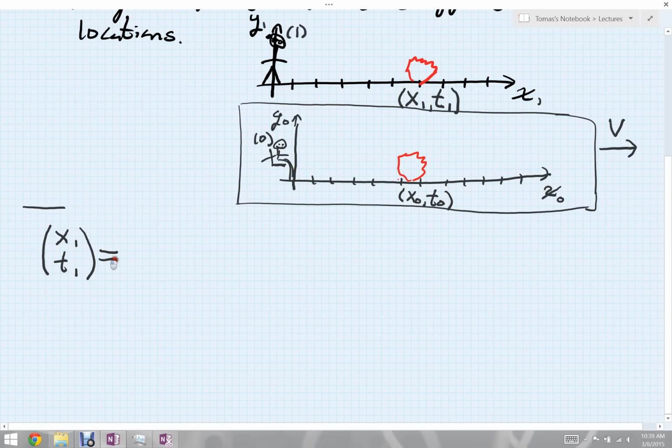So what I observe is going to equal some factor gamma, which I will define in a moment, times a matrix, which has component elements 1, v divided by c squared, where I'll define c in a moment, but it's the speed of light. And there's another 1 that goes here. And then that matrix multiplies your observations of the event, x0 and t0.